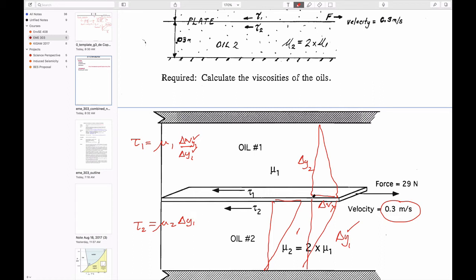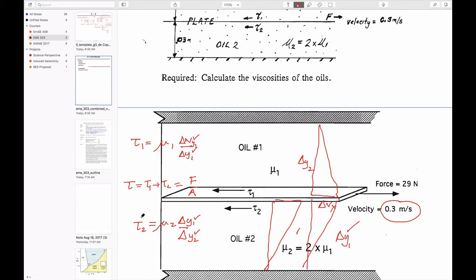This is the same velocity, and I think this dimension delta y2 is the same as well. So we have this, we have this. If each of these stresses are being applied due to these fluids, the total shear stress is going to be tau 1 plus tau 2, which has to be equal to the force divided by the total area of the plate.